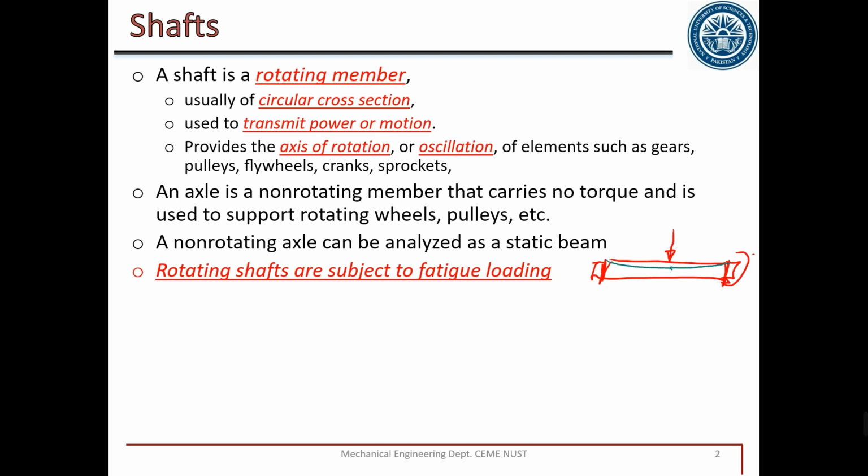So this point here is compressed, and this lower section is stretched. But after 180 degrees of rotation, this part will come up and this part will come down. So the compressed element will be extended, and the member which is in extension will be compressed. So there is fatigue loading on the shaft.